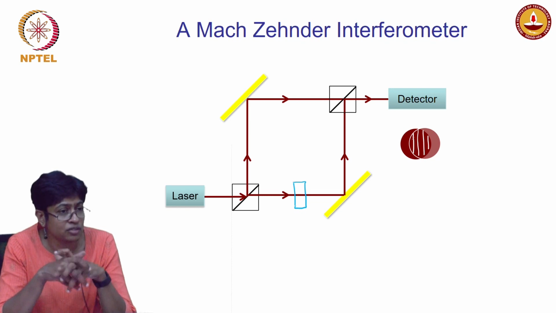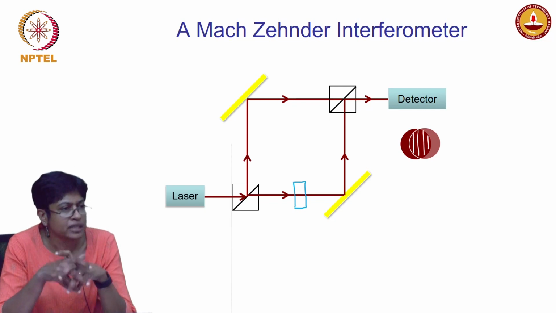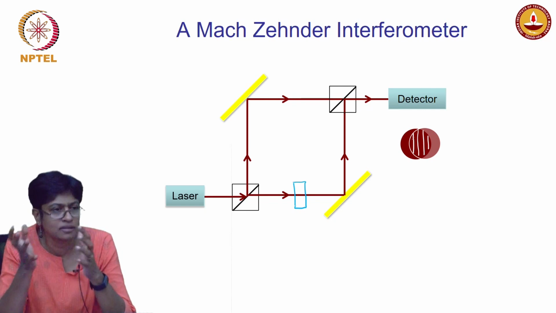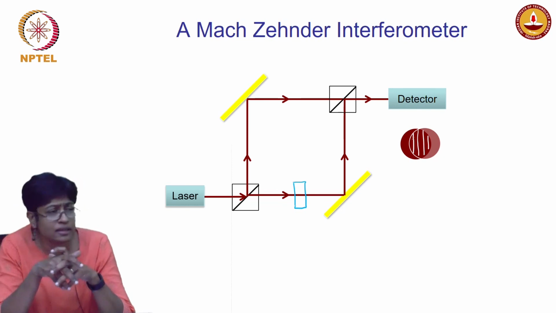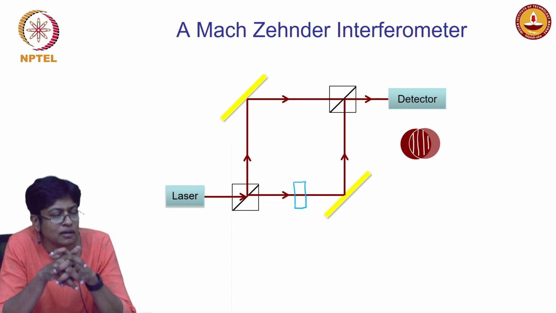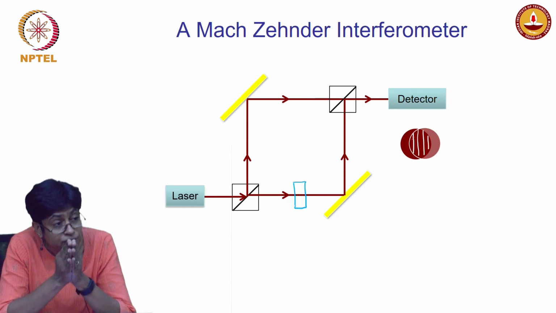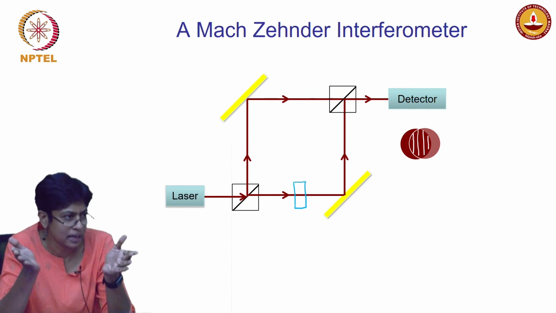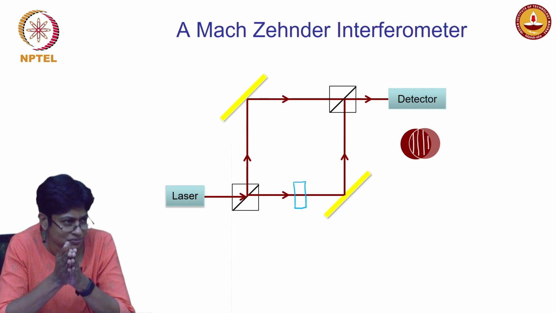Say I have a phase difference. I think we had this discussion yesterday. If I have a phase difference that relates to a length difference of lambda, and a phase difference that relates to a length difference of 2 lambda or 3 lambda or 4 lambda, can I really make out the difference? I can't, no? So finally it's lambda that matters, and actually it's lambda by 2 that matters.